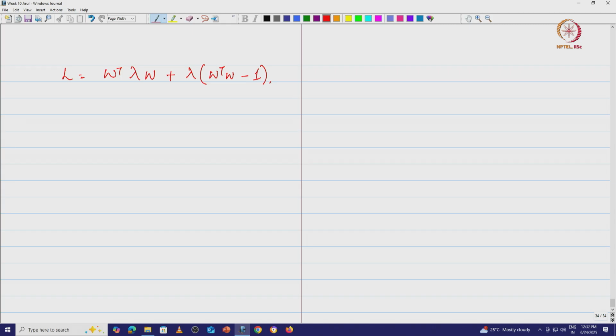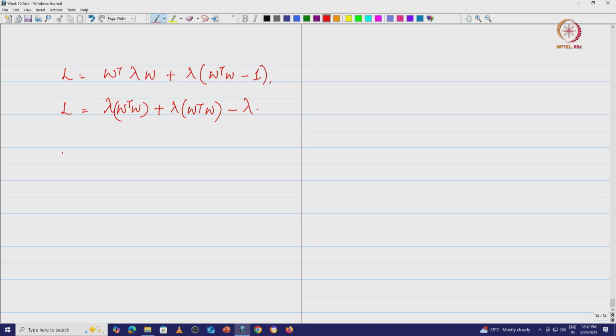We had L is equal to W transpose lambda W plus lambda into (W transpose W minus 1). W transpose W is a scalar, so I will write this as lambda into W transpose W plus lambda into W transpose W minus lambda.